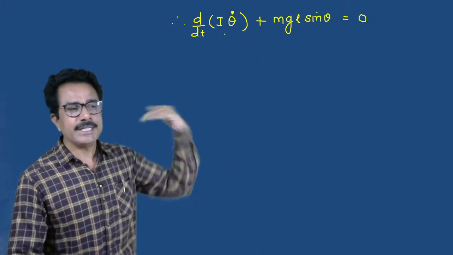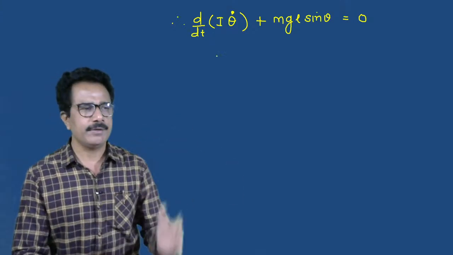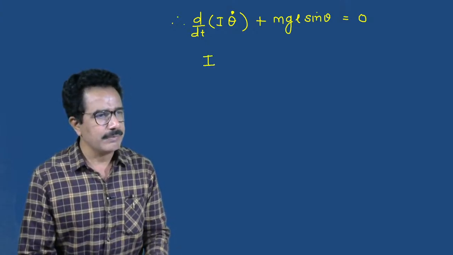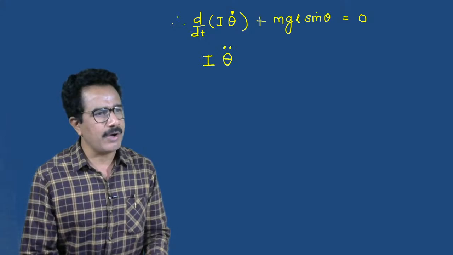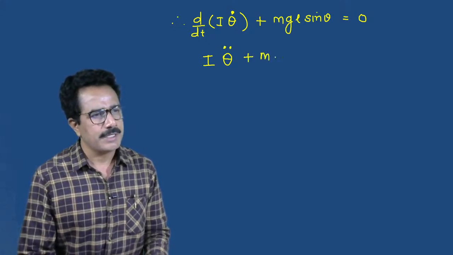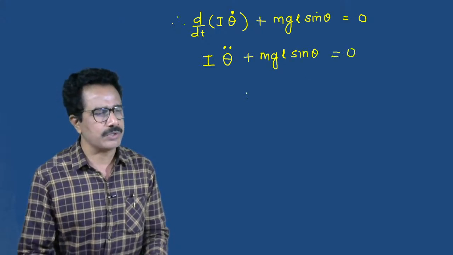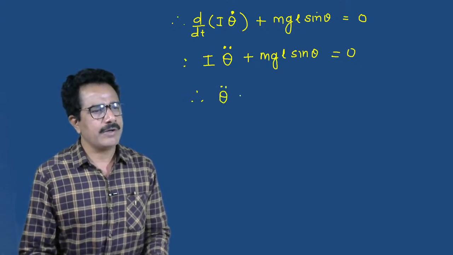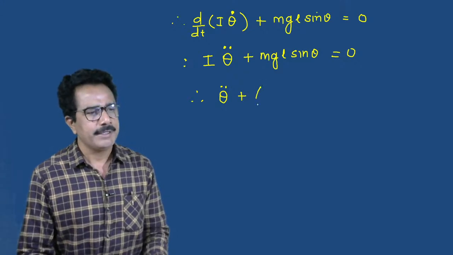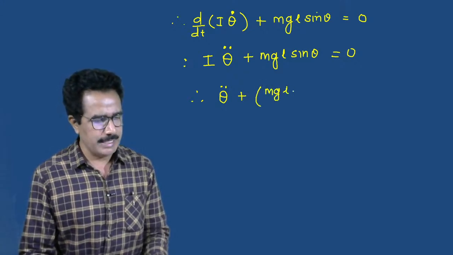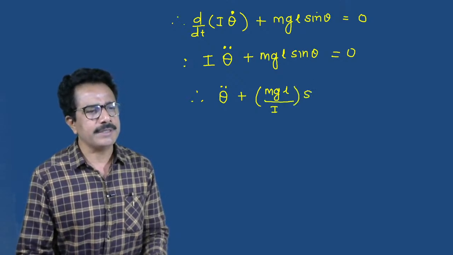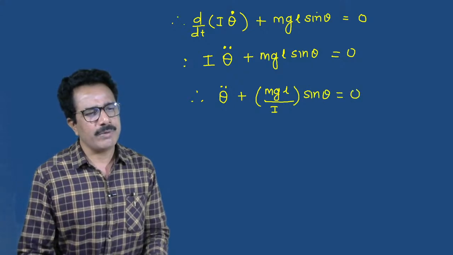If we take the derivative again, then we can write this as I into theta double dot plus mgl into sin theta, which is equal to 0. So we can write theta double dot plus, dividing by I, mgl divided by I into sin theta, which is equal to 0.